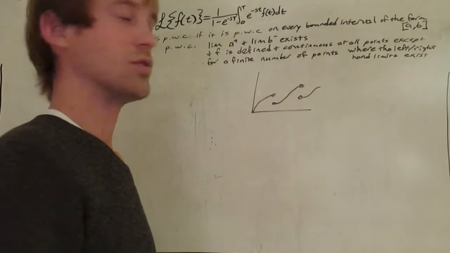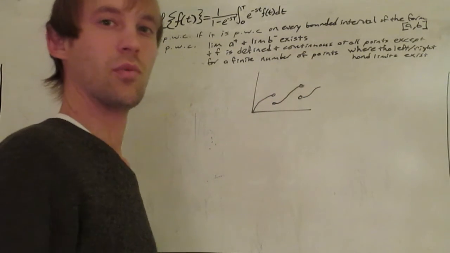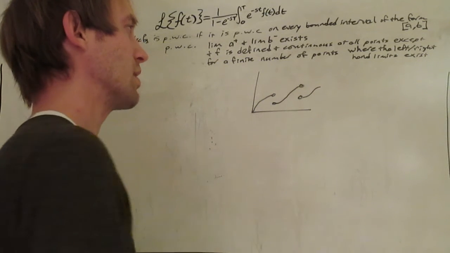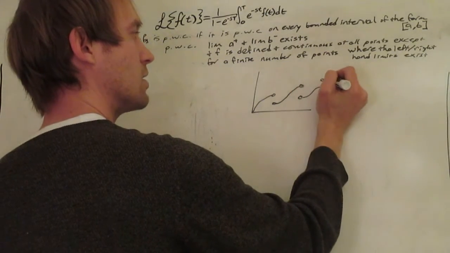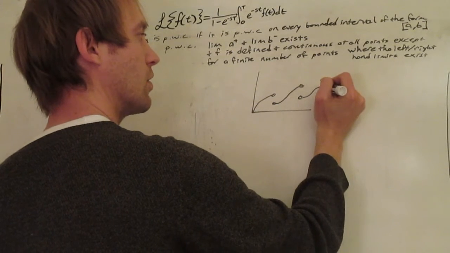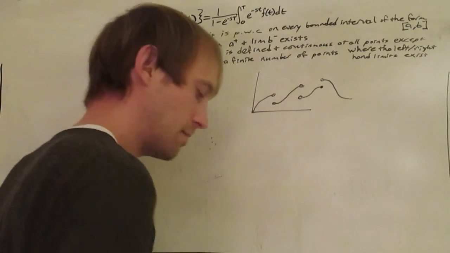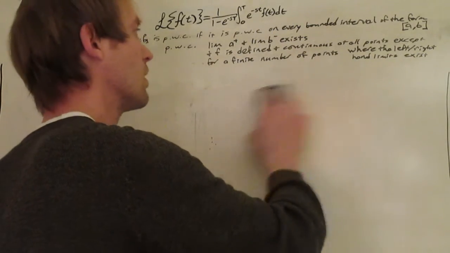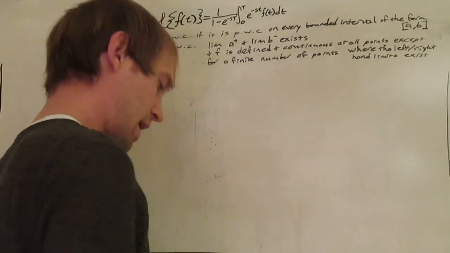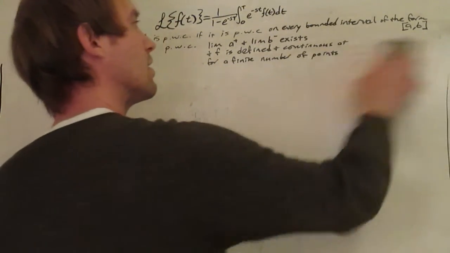But with integration, we're not concerned with the point. We don't integrate over a point, so that's okay. You can have all kinds of crazy stuff going on, but this is a piecewise continuous function. So all that to get started on the problem.